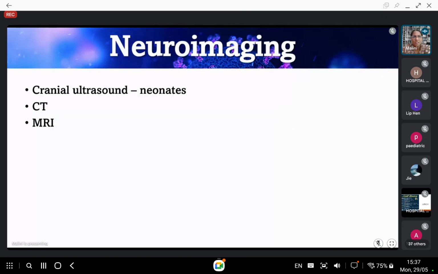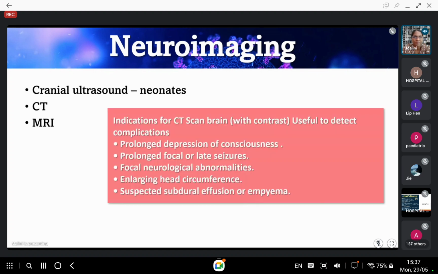So neuroimaging: I think cranial ultrasound is only acceptable in neonates, and in fact, cranial ultrasounds can miss a lot. It's very operator dependent, and a lot of times you can miss effusions and other more severe things.